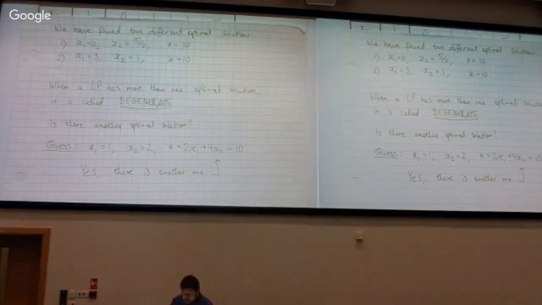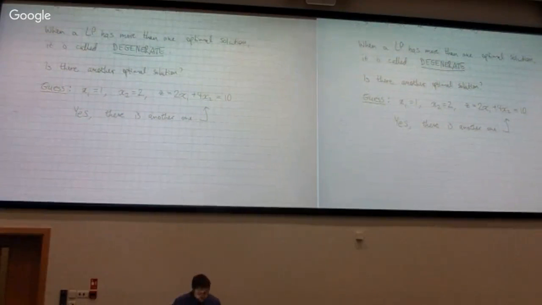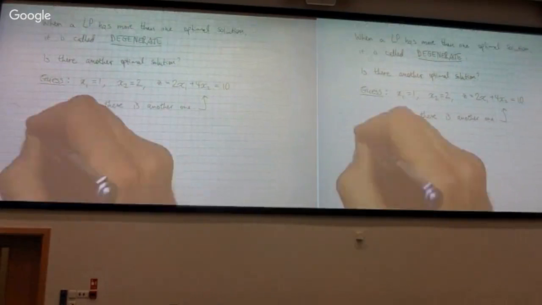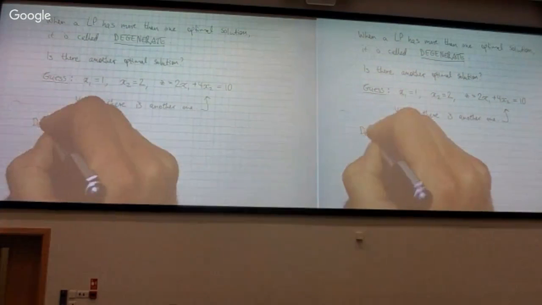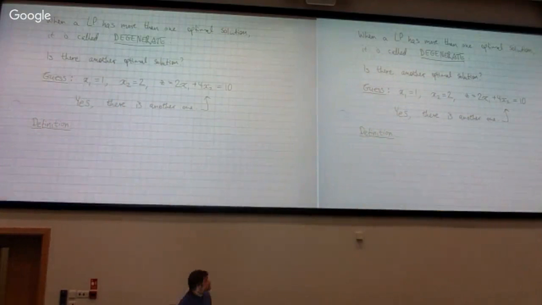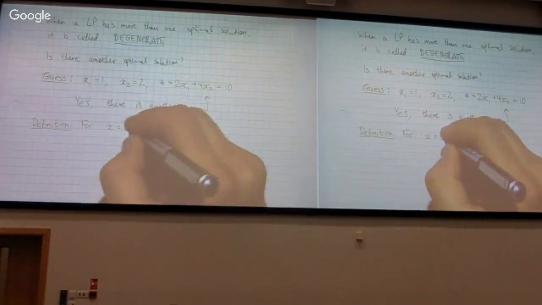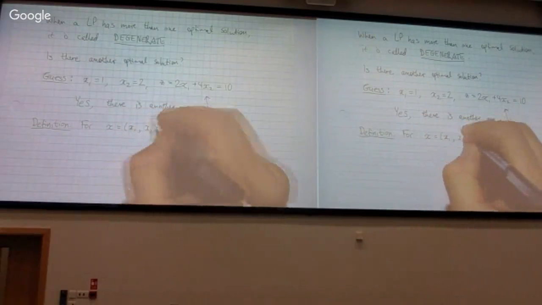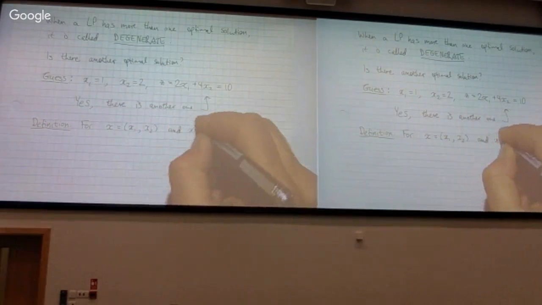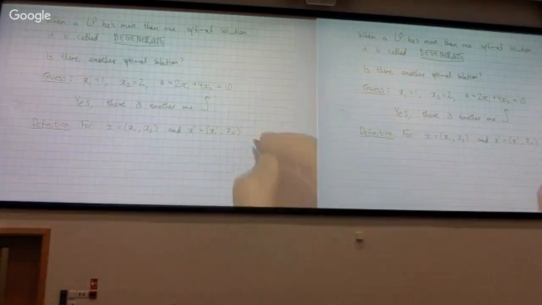It's got to do with the following thing. Definition. Okay. So we have 2 vectors. One of them is called x, and let's say it has coordinates x1 and x2, and the other is x dash, with coordinates x1 dash, x2 dash.